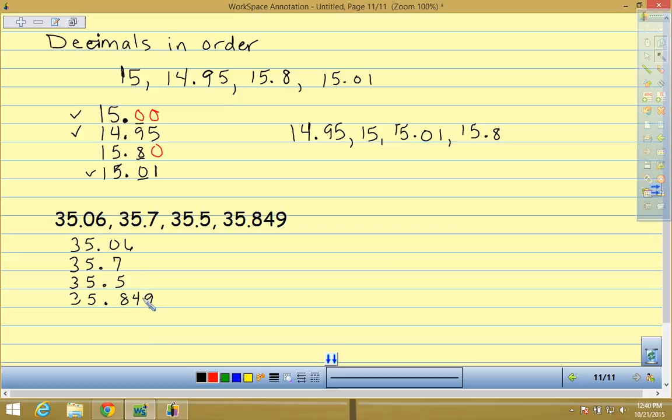The largest place that they go out to is the thousandths, so I want to make sure that my other numbers match that. So I'm going to add zeros to make each of these decimals go out to the thousandth place.